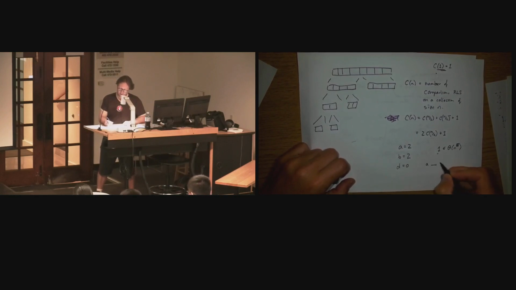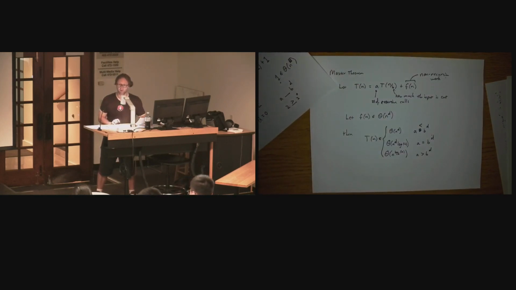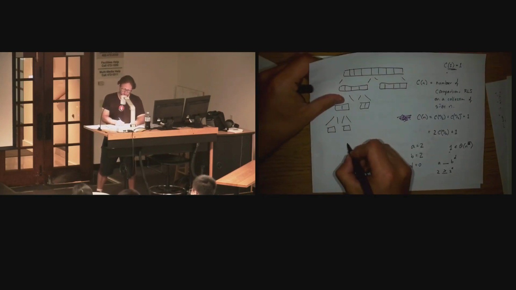A versus b to the d. In other words, if I plug these in, 2 versus 2 to the 0. Is this greater than, less than, or equal to? It's going to be greater than. So by what case of the Master Theorem do we need to apply here? Case 3. So therefore, T sub n is going to be theta of n to the log base b of a.